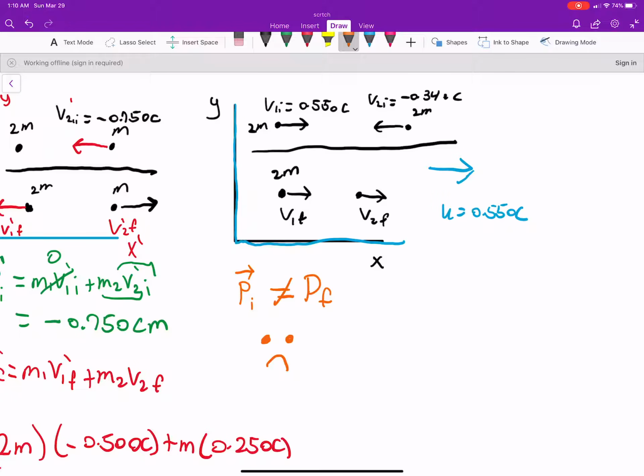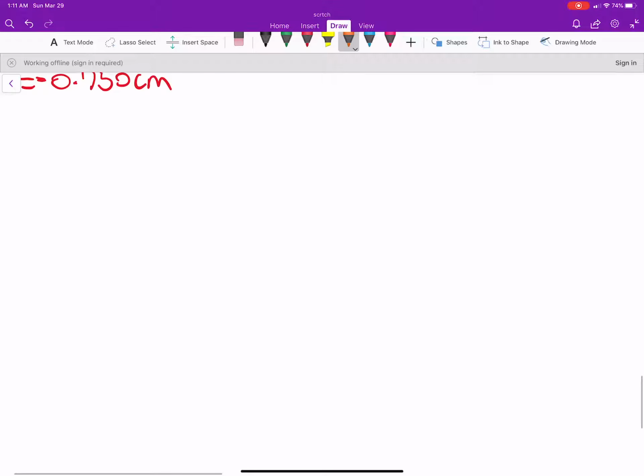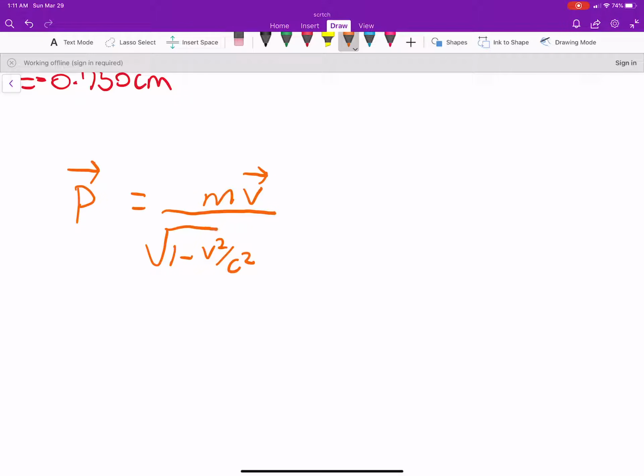So as you could probably guess, we need some sort of factor to fix this, one that at low speeds simplifies to the classical sense, but works for relativistic speeds. So I'm just going to give it to you down here. Momentum is equal to mass times velocity divided by the square root of 1 minus v squared over c squared.